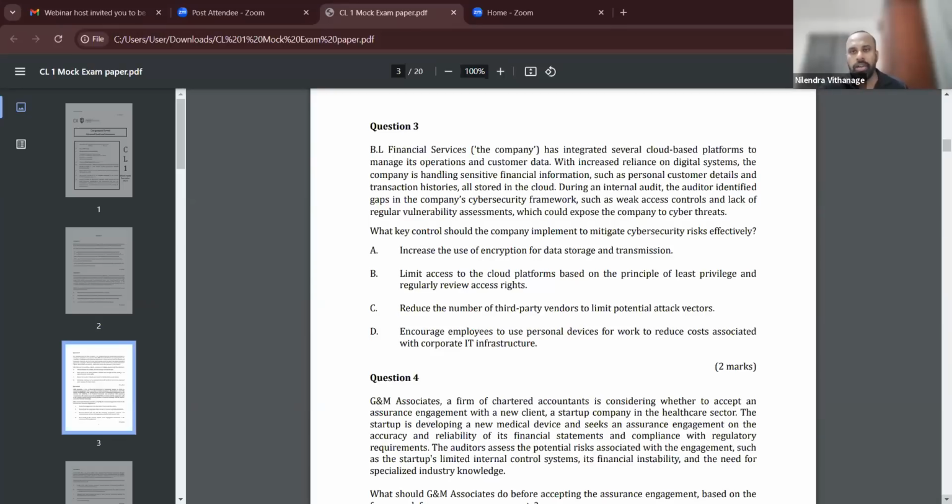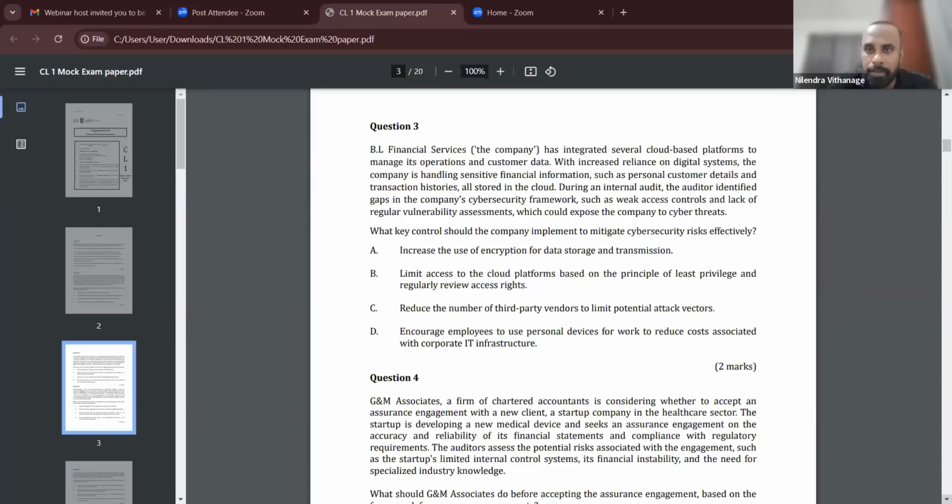During an internal audit, the auditor identified gaps in the company's cybersecurity framework, such as weak access controls and lack of regular vulnerability assessment, which could expose the company to cybersecurity threats. Similar to the earlier one, there are no proper controls. Anybody can access the database and hack data. What key control should the company implement to mitigate cybersecurity threat risk effectively?